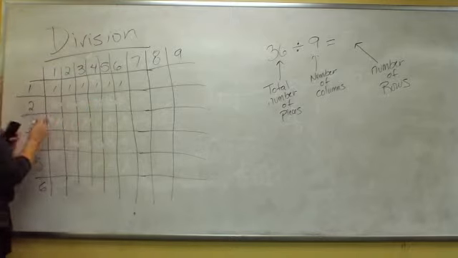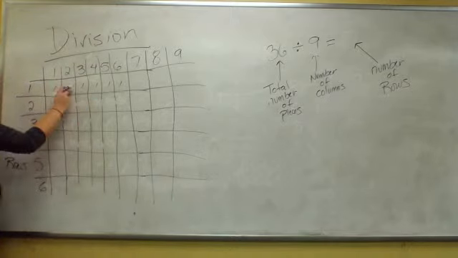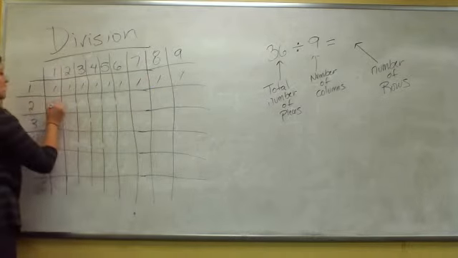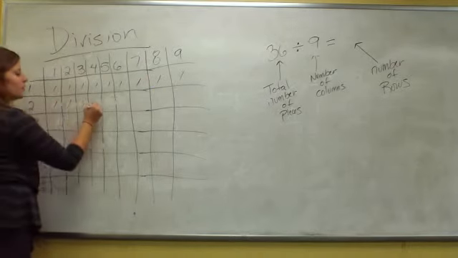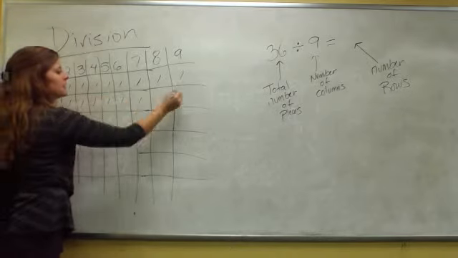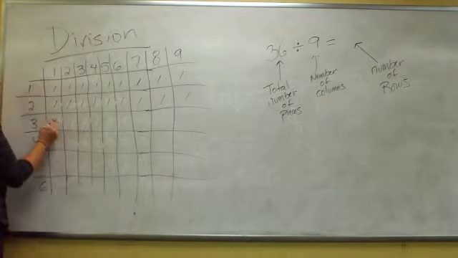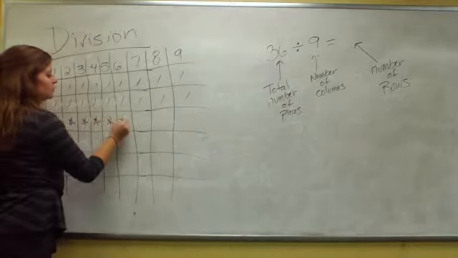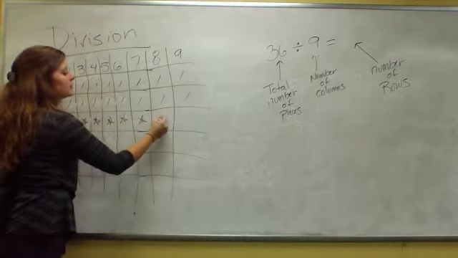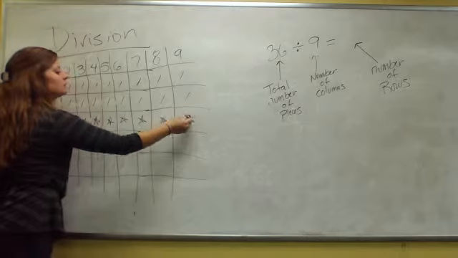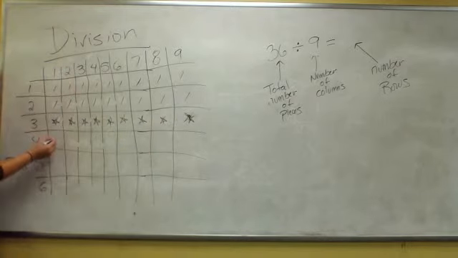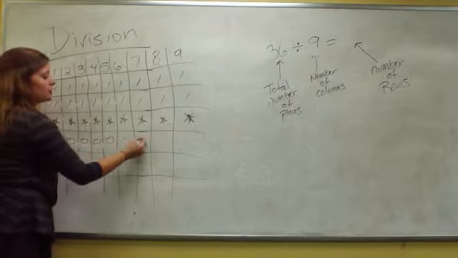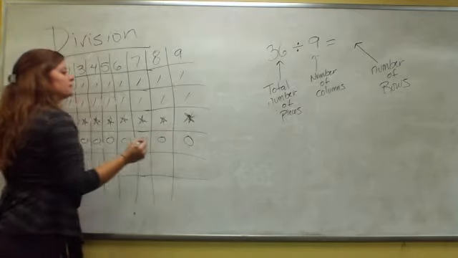Okay. So I start out with my first 6, right? So I've got 1, 2, 3, 4, 5, 6, 7, 8, 9, 10, 11, 12, 13, 14, 15, 16, 17, 18, 19, 20, 21, 22, 23, 24, 25, 26, 27, 28, 29, 30, 31, 32, 33, 34, 35, 36.